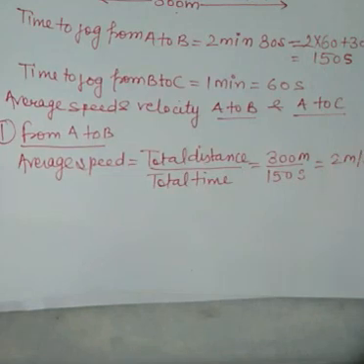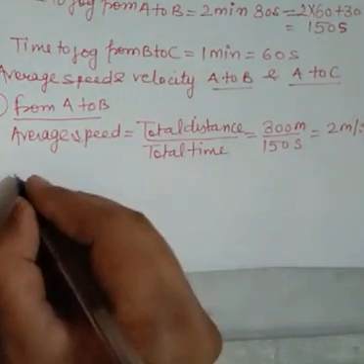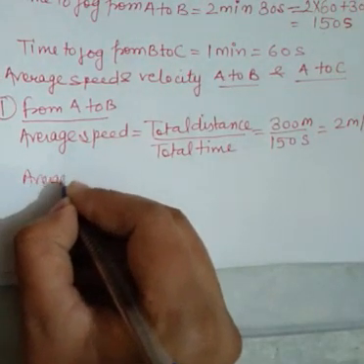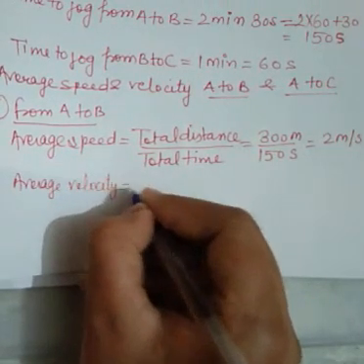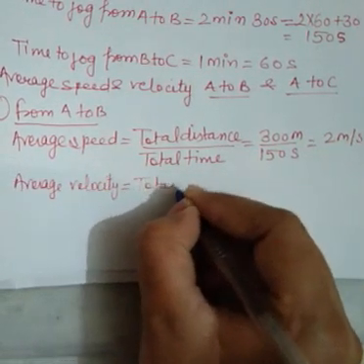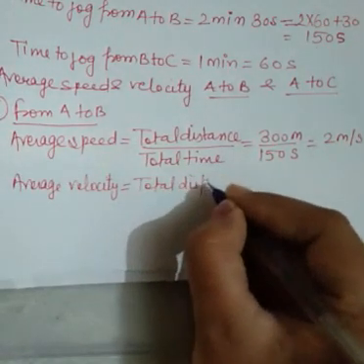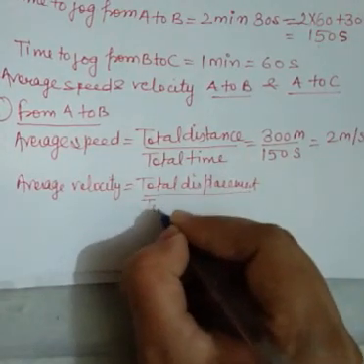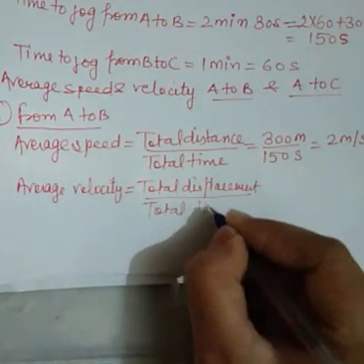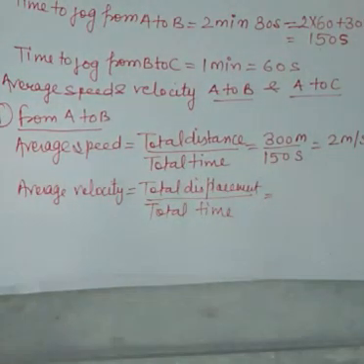That is the average speed. Now we have to find out average velocity. What is the value of average velocity? Total displacement upon total time. Yes beta, what is displacement?